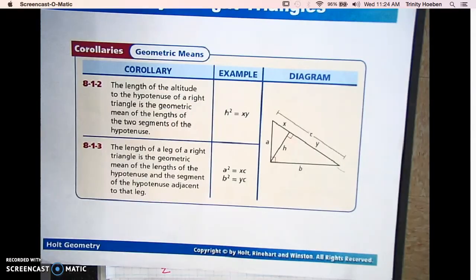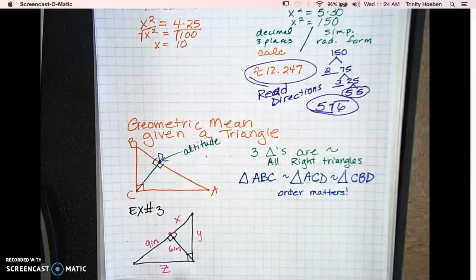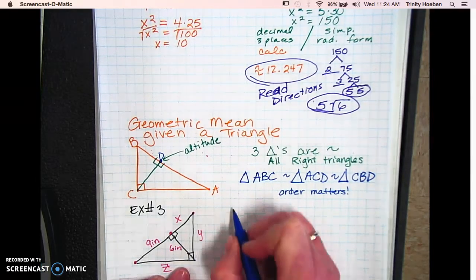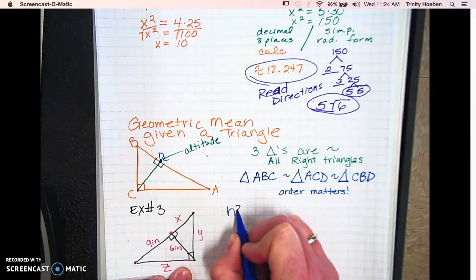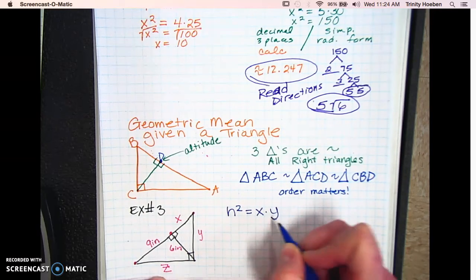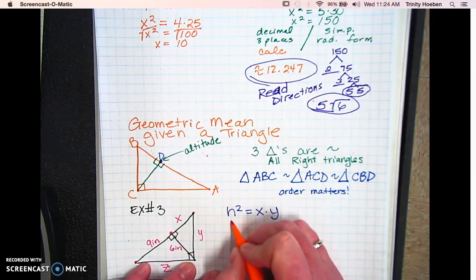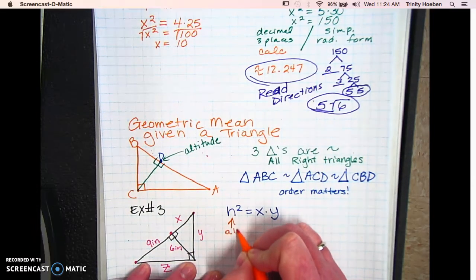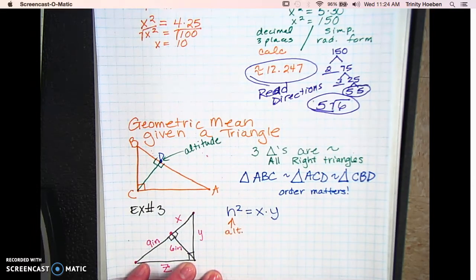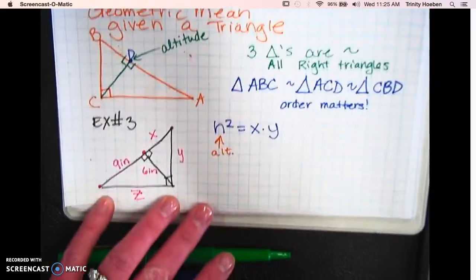All right, so we're going to do the altitude corollary first. In this case, we're going to say that h squared is equal to x times y, where under the h squared you write ALT, which stands for altitude.